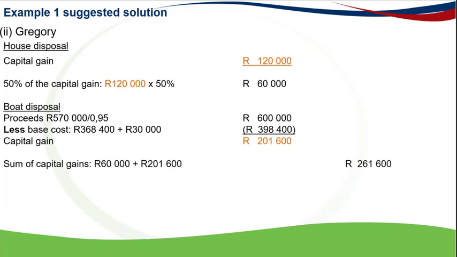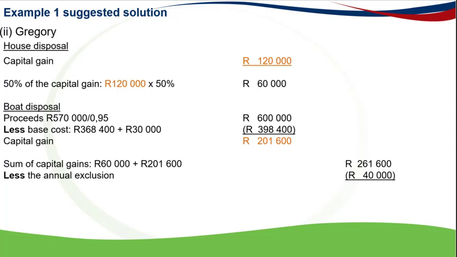The sum of the capital gains then is the 60,000 from the disposal of the house, as well as the 201,600 from the disposal of the boat. The aggregate capital gain is 221,600, which is the sum of the capital gains less the annual exclusion of 40,000.